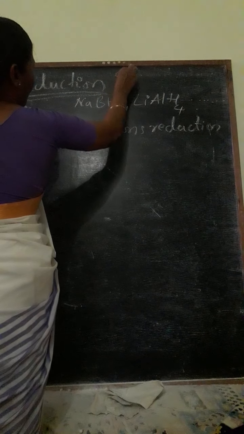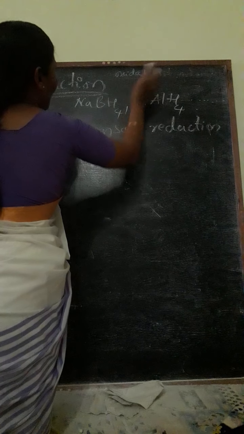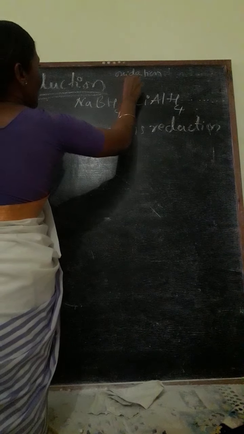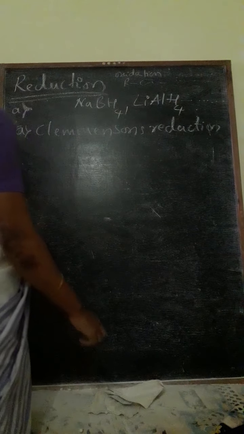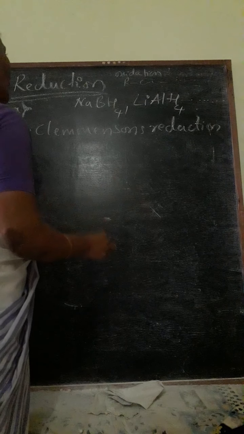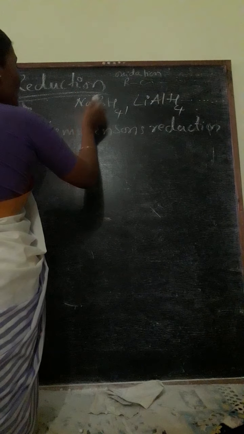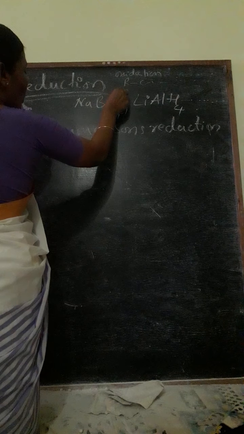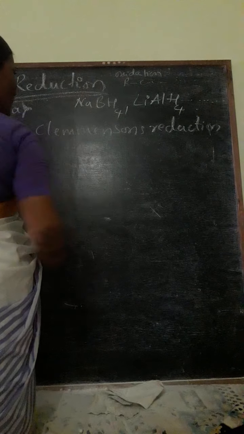Generally, two processes you must know: oxidation and reduction. If alcohols undergo oxidation, they give aldehydes, then carboxylic acids. If aldehydes undergo reduction, they give alcohols, and further, hydrocarbons.